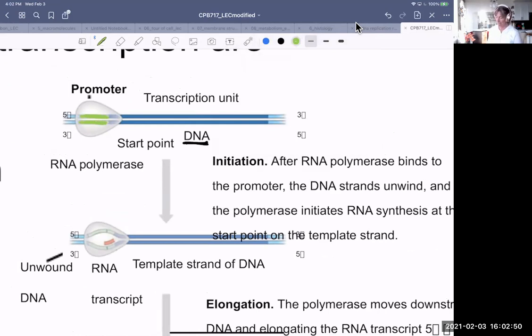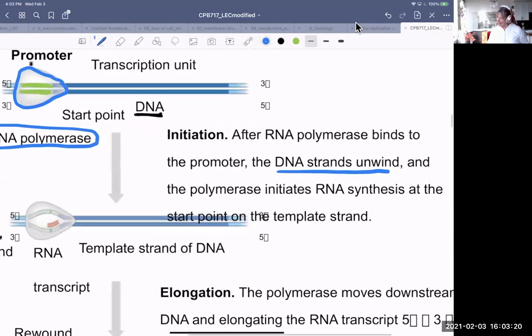That's the start point. And that promoter sequence is at the start of the gene. And that's called initiation. So this larger molecule here, that's RNA polymerase. And RNA polymerase binds to the promoter. It unwinds the DNA, and the polymerase initiates synthesis at that start point.